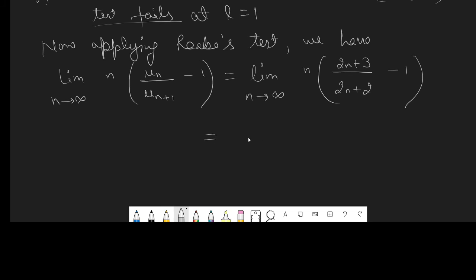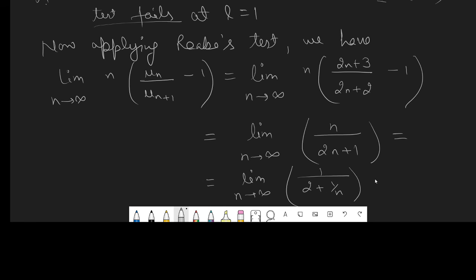Okay, so it will be equal to limit n tends to infinity n divided by 2n plus 2. If you simplify it and take n common from numerator and denominator, it will be 1 by 2 plus 2 by n, and this will be equal to 1 by 2, and 1 by 2 is less than 1.